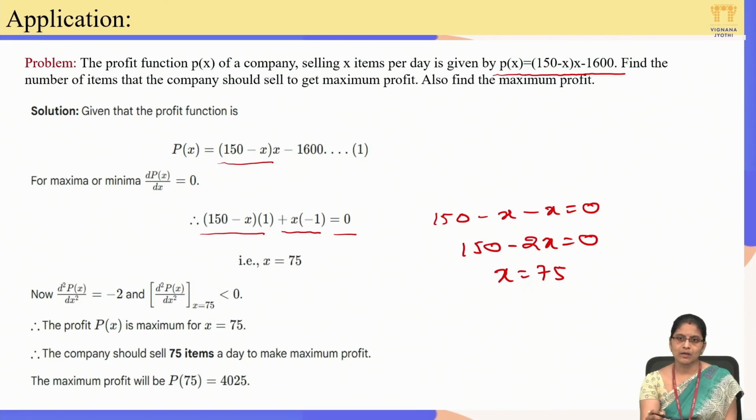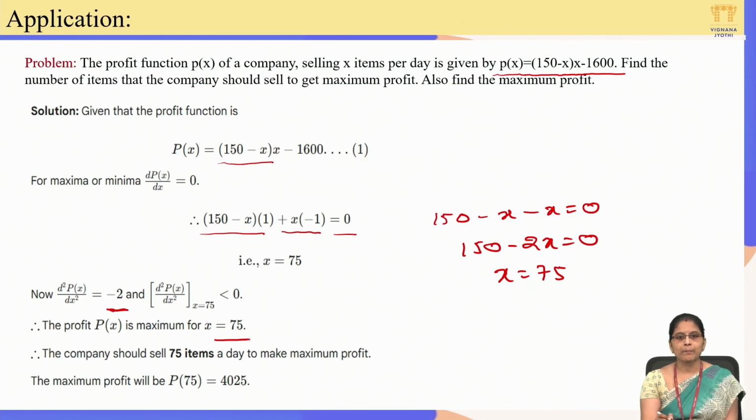The number of items is either produced or sold. Next, differentiating again with respect to x, we get minus 2. So the second order derivative at the point x equal to 75 is less than 0 because we get a negative value. Therefore, the profit function p of x is maximum for x equal to 75.